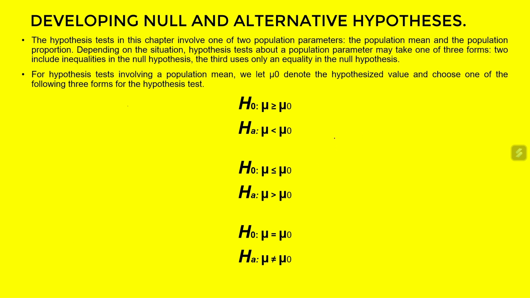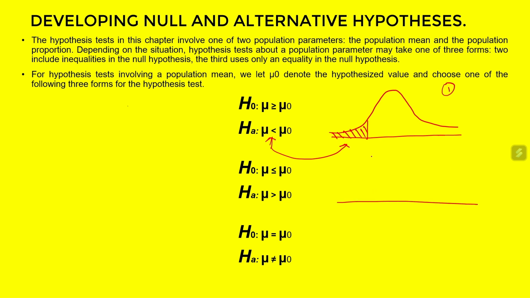Now let's understand how this will look in our normal distribution curve. Here the symbol is pointing towards the left direction, so this will look like this. This is our first case. Now let's understand the second case.